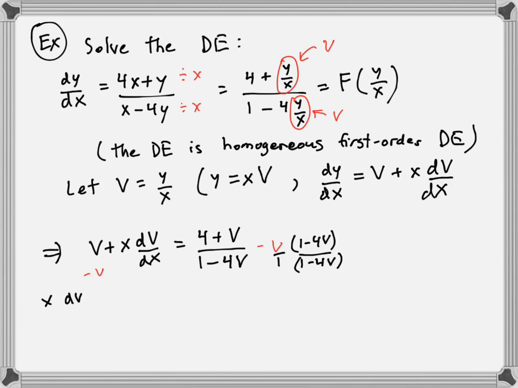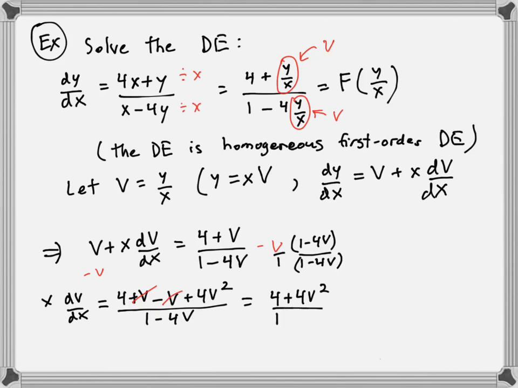X dv dx is equal to, what do we get? We get 4 plus v minus v plus 4v squared over 1 minus 4v. And then, of course, these two cancel, so we're left with 4 plus 4v squared over 1 minus 4v.